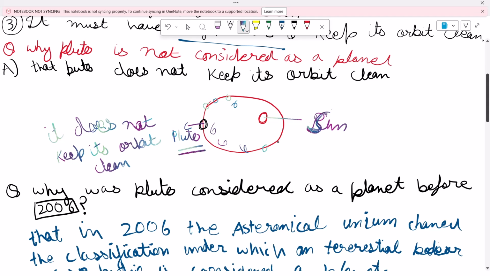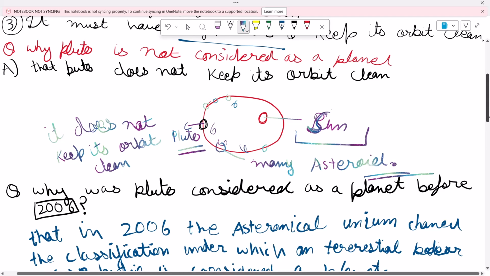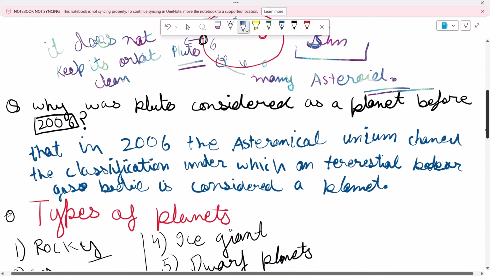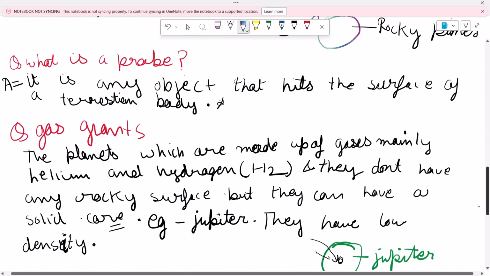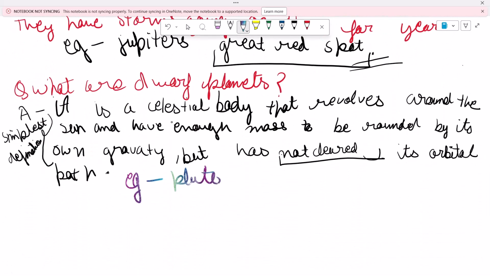It's orbiting around the Sun, but there are many asteroids in its path, therefore it does not keep its orbit clean and it is classified into a new class of planet that is known as dwarf planets. That's all about dwarf planets.